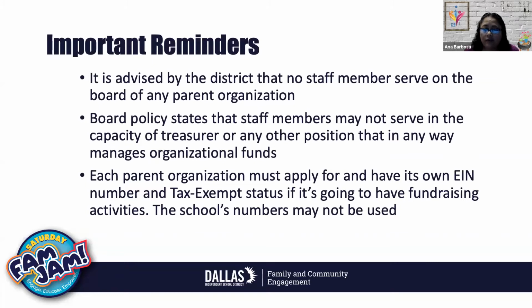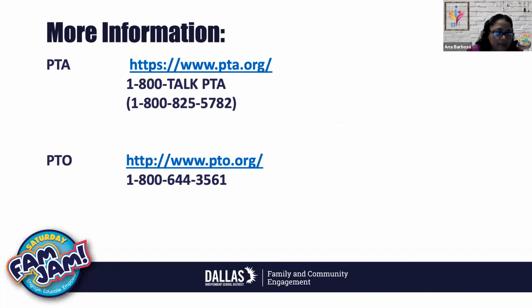Next, you will see some information for PTA and PTO. You can contact them. You have their phone number right here. And for PTO, there is a website. If you go to the next slide, there is a website for PTO, but that just provides you information. They charge you a fee to have access to all of their resources, but it's not that you're paying to be associated with a PTO organization.